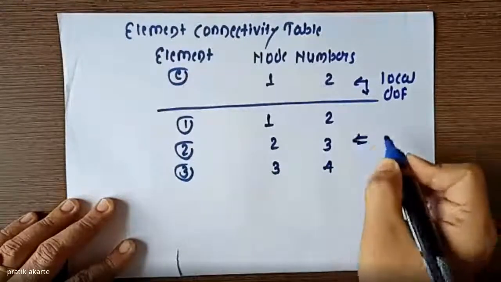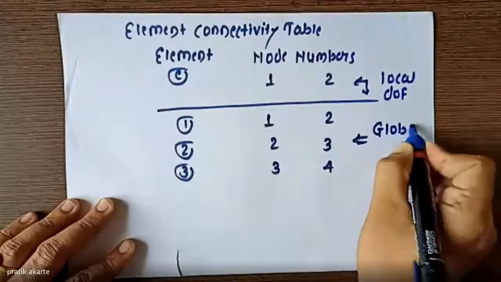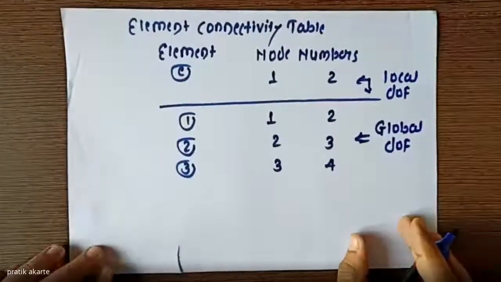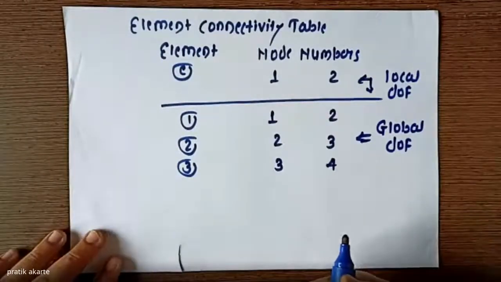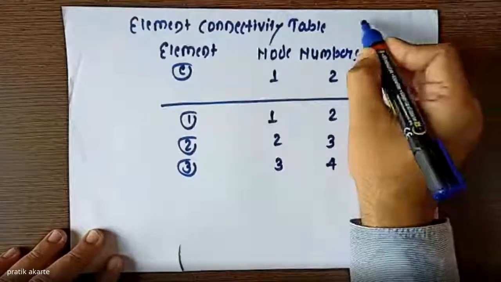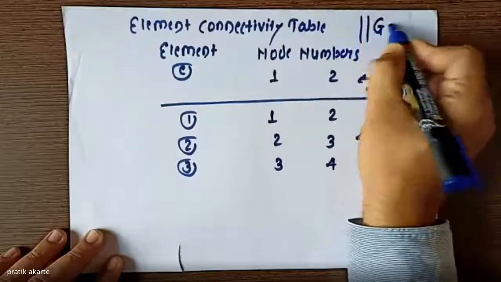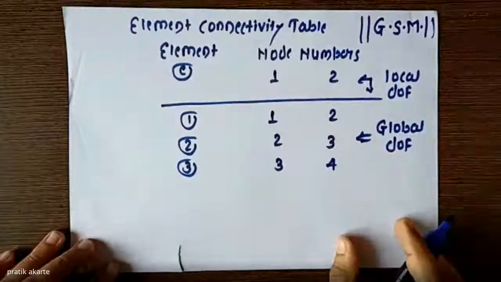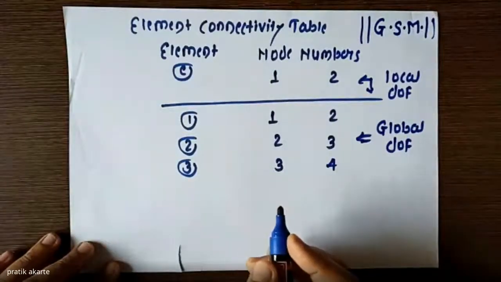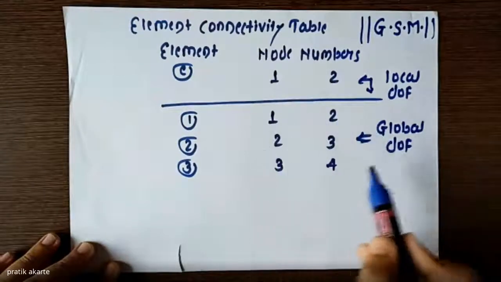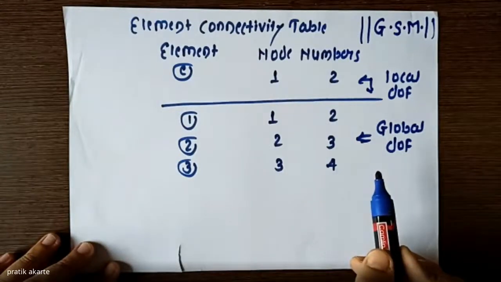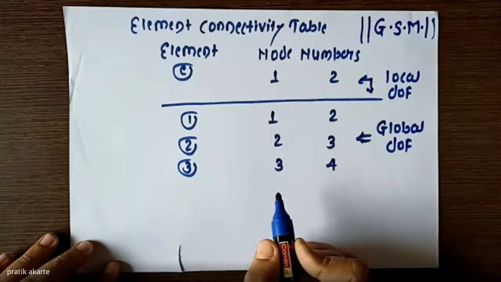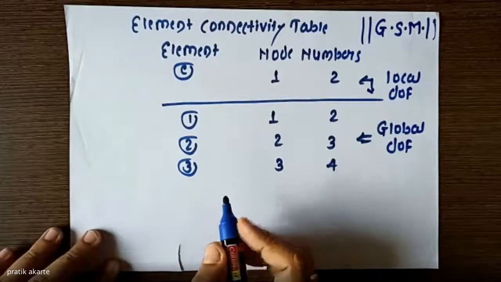So these numbers represent your global degrees of freedom. Again, I am reiterating, this element connectivity table is useful to construct your global stiffness matrix. If you don't draw this table and the number of elements is more, then there might be chances that you will get confused in writing your global stiffness matrix.